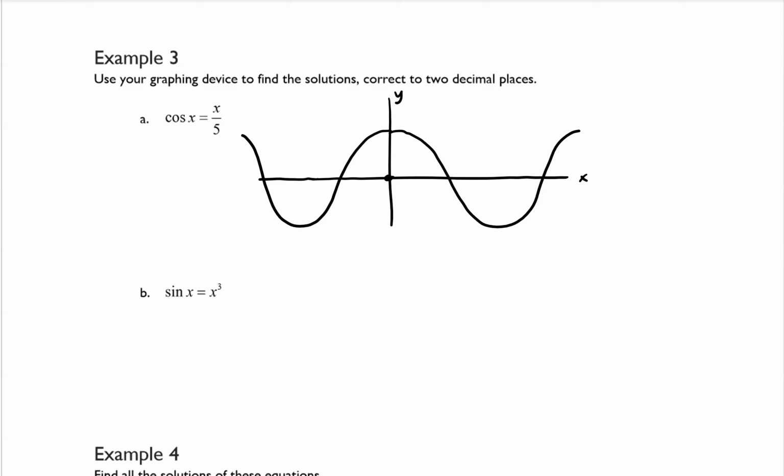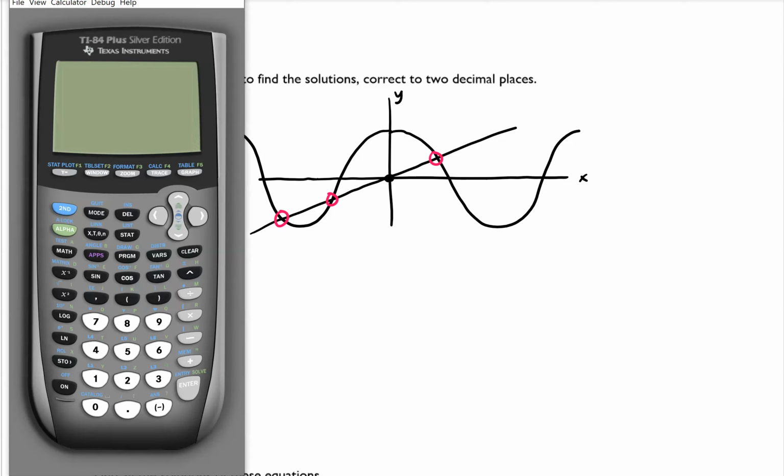So here's (0, 0), and that looks something like that. Now, the solutions to this equation are going to be represented by the points where the two graphs intersect. So assuming I graph this correctly, we're going to have 3 different solutions to this equation.